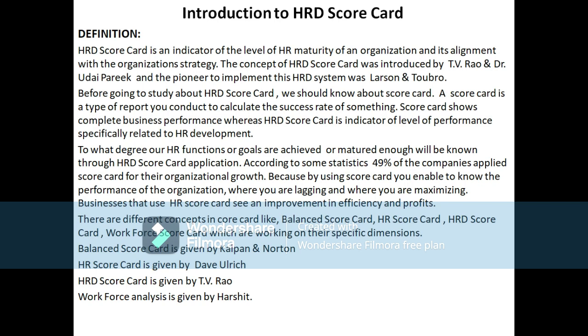According to some statistics, 49% of the companies applied scorecard for organizational growth. In Fortune 500 also, 50% of companies have adopted this HRD scorecard. Why? Because by applying this HRD scorecard, they can measure the performance level.